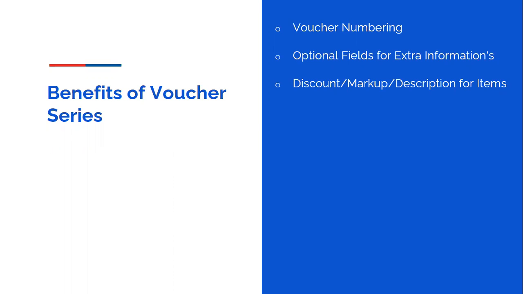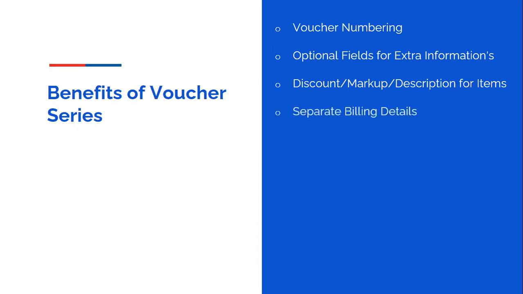If you want to give a discount to a customer, you can enter it at item level. If you want to charge any markup like transportation charge or making charge, you can maintain markup. And if you want to enter any other item-related details like item descriptions, you can enable the option in voucher series configuration. When you create a voucher, this particular window will come for discount, markup, and item description, and you can specify the details.